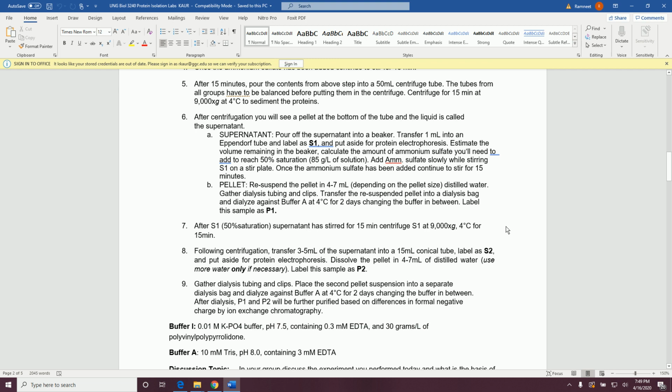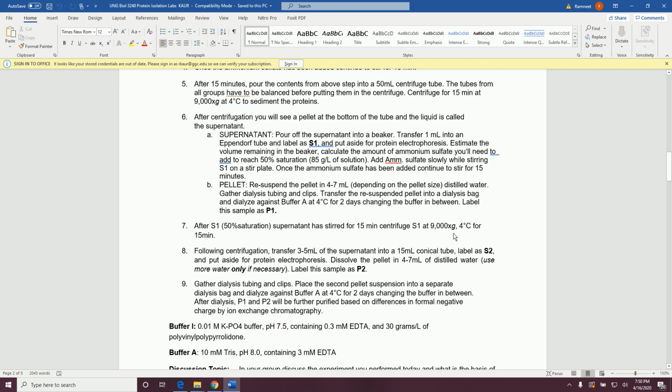So in the beaker you have S1, you will be adding ammonium sulfate, and you will keep on stirring supernatant 1 with ammonium sulfate for 15 minutes. After 15 minutes, you will collect this supernatant with the ammonium sulfate in the centrifuge tube and spin it down in the centrifuge at this speed for 15 minutes, and then you will have a pellet.